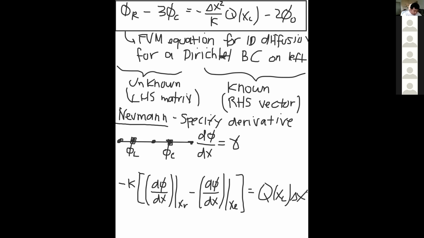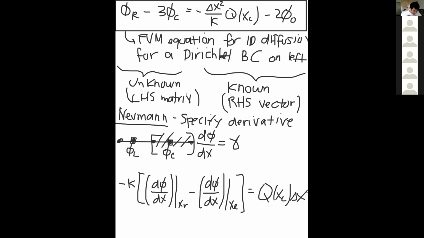We have minus k times our diffusion terms, which is d phi dx evaluated at the right side of our cell, minus d phi dx evaluated at the left side of the cell, is equal to our source term times delta x.